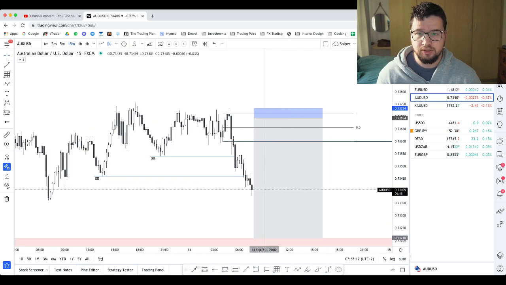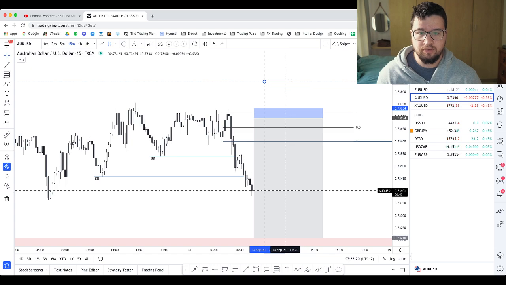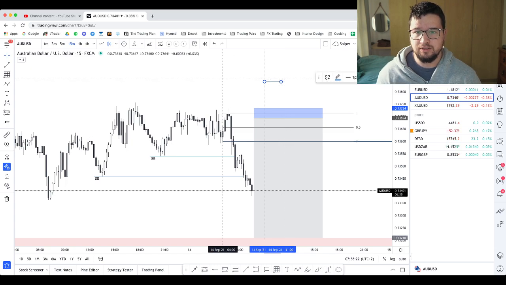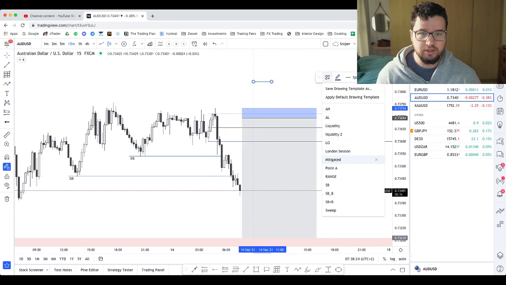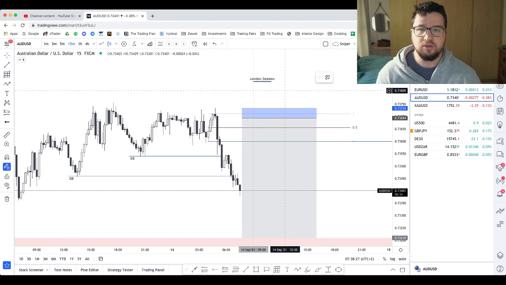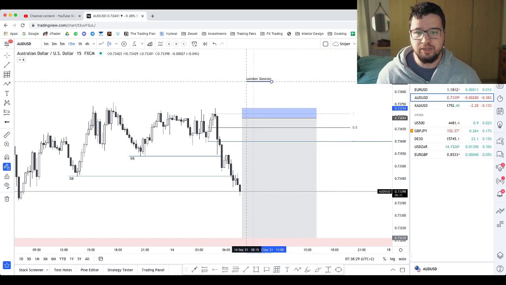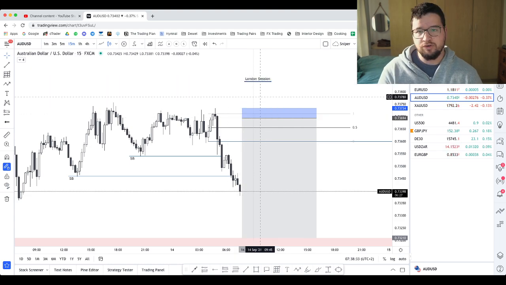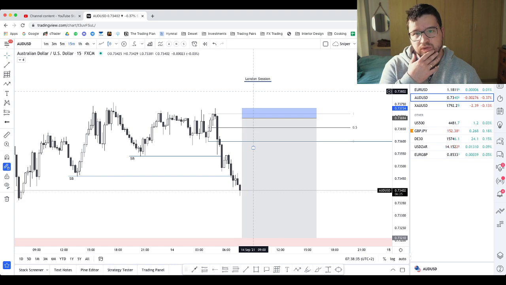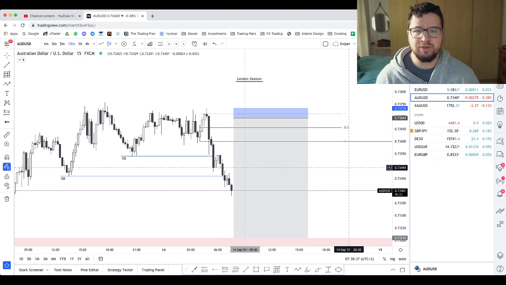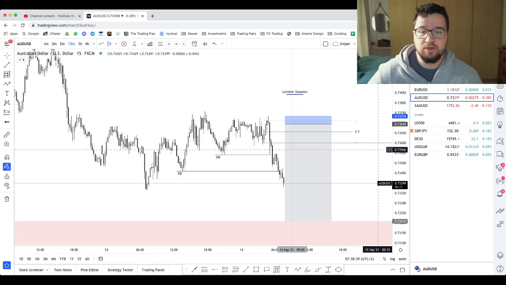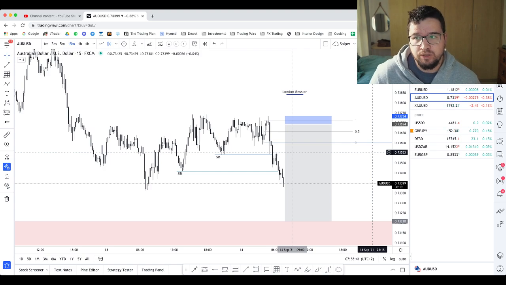We can just draw a line till 11, because that's the best time to trade London session, from 8 to 11, but I'm going to keep that line there for London Open. So that's what I would potentially be looking for on AU.